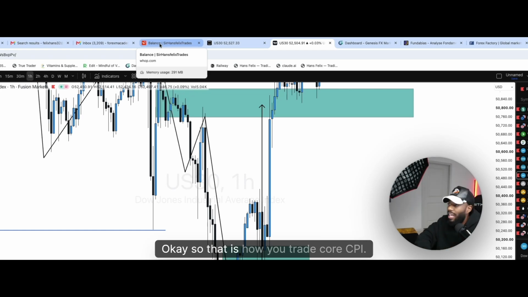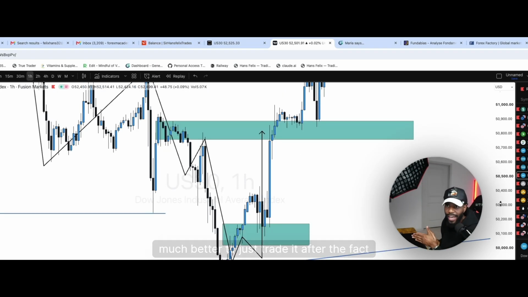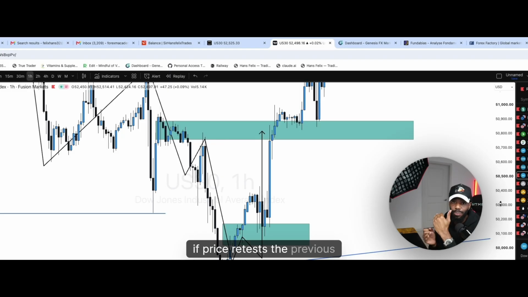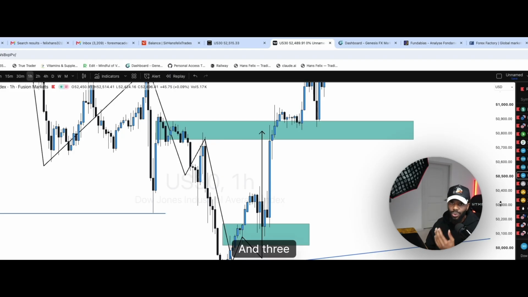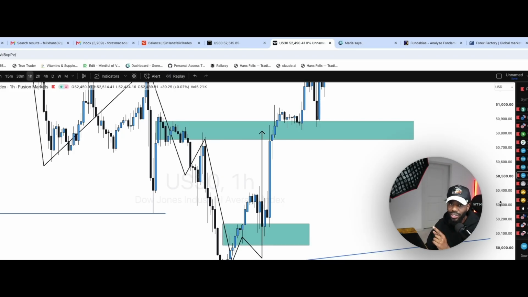So that is how you trade core CPI. Much better to just trade it after the fact, so that way you have enough time to see what the numbers came out being. If price retests the previous 8:30 candle, you have a much cleaner opportunity for entry. And three, make sure you have some capital and equity to risk comfortably during core CPI.